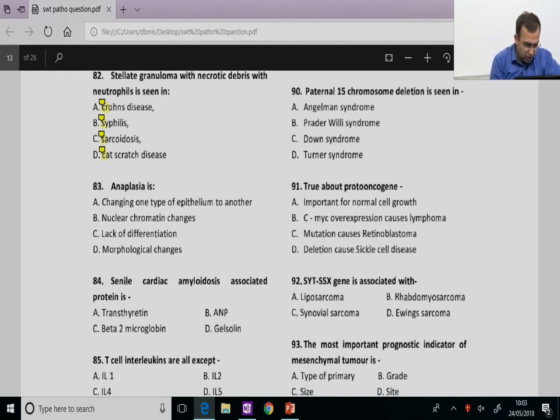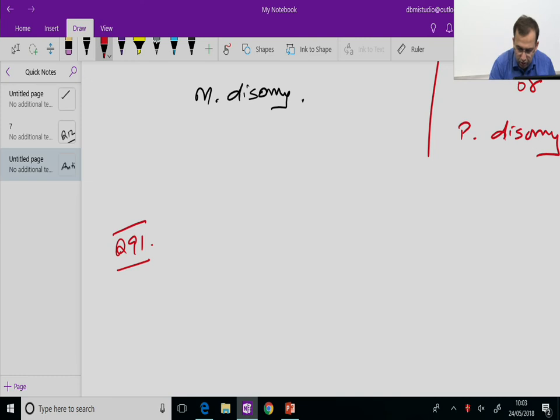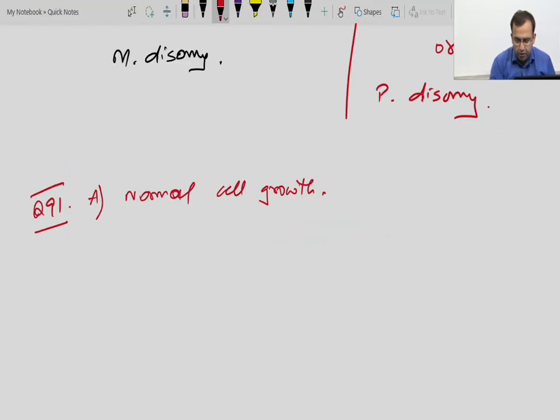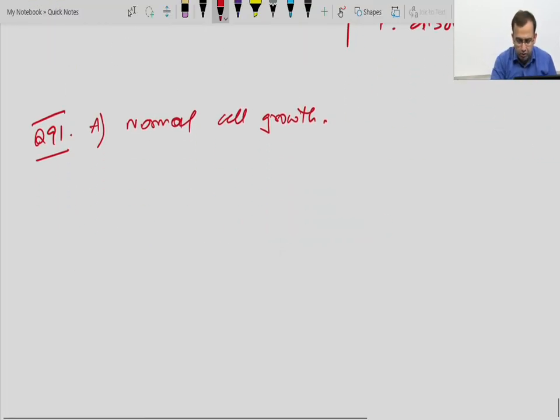Lymphomas are not caused by c-Myc overexpression, they are caused by c-Myc translocation. So the answer is A: they are important for normal cell growth.